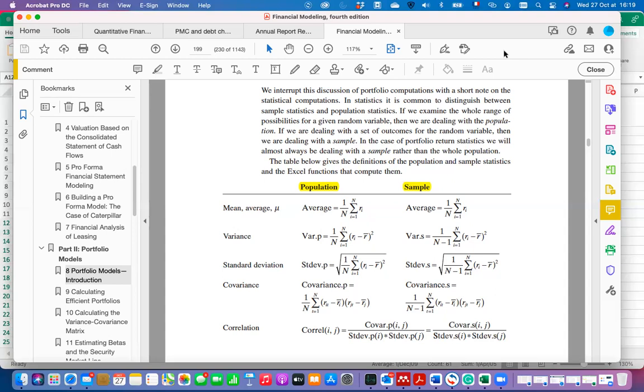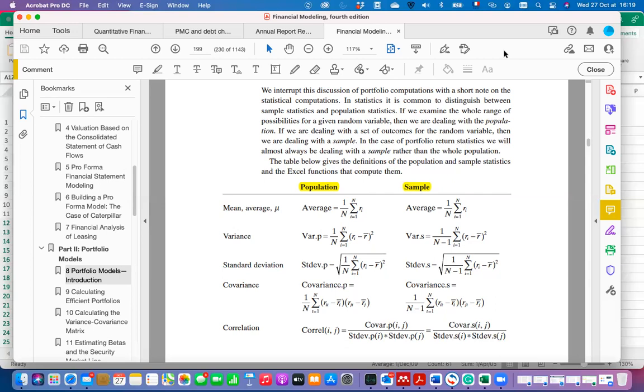The difference is about how we deflate the number of observations. When you have a population, you deflate or you divide by all the observations, all the number of observations. But when you have a sample, you divide by n-1, right? So this is the main difference. When you have a sample, you divide by the number of observations -1.